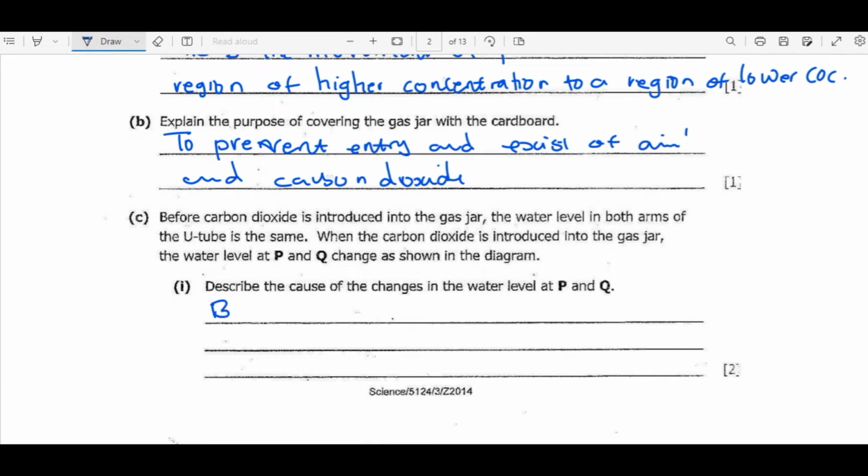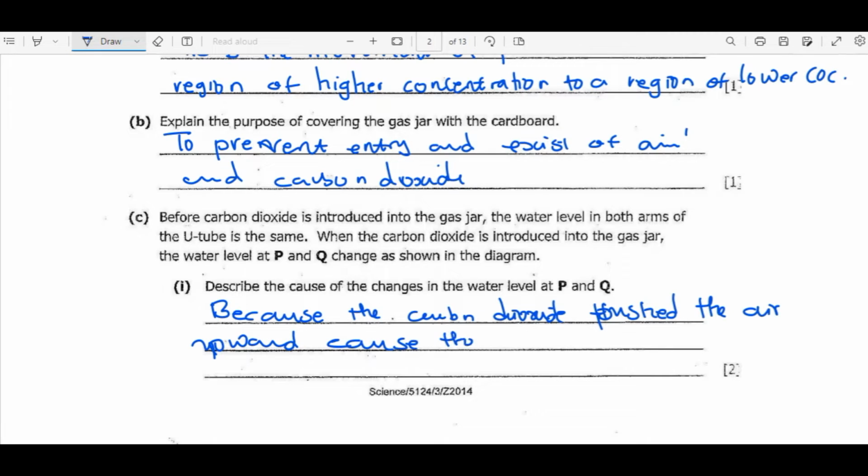So say because the carbon dioxide pushed the air upward, causing the water level at P to rise.